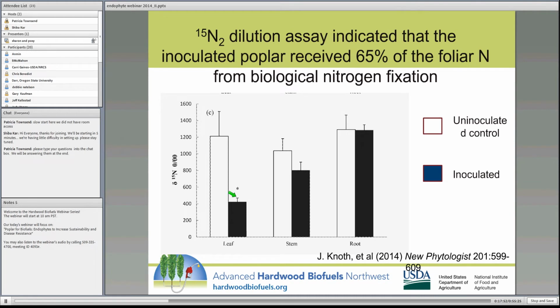The normal isotope of nitrogen gas from the air is 14N, so the label is being diluted through nitrogen fixation. So we've shown that about 65% of the foliar, so the leaf nitrogen, was through biological nitrogen fixation.